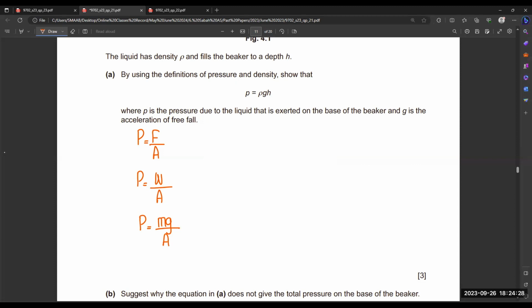And what will be the final step to make the same equation rho gh? We have to use the second relation of density, because density is equal to mass upon volume, right? So if we shift volume to the left hand side, density times volume is equal to the mass.